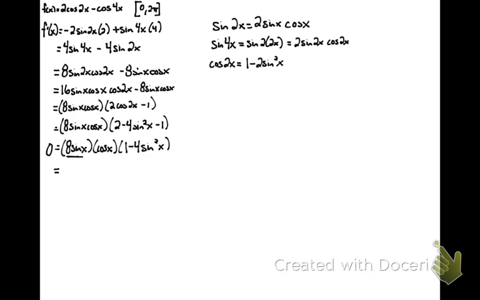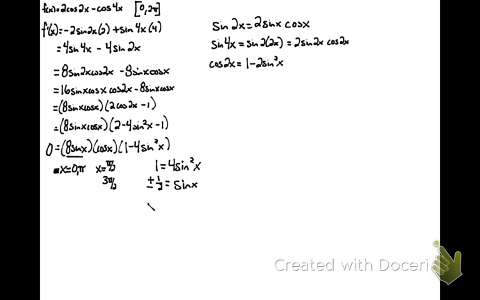But since we're here, we want to know when this equals 0. 8 sine of x equals 0 when x is either equal to 0 or pi. Cosine of x equals 0 when x equals pi halves or 3 pi halves. 1 minus 4 sine squared of x equals 0 when they equal each other, which would occur when the sine of x is positive or negative 1/2.